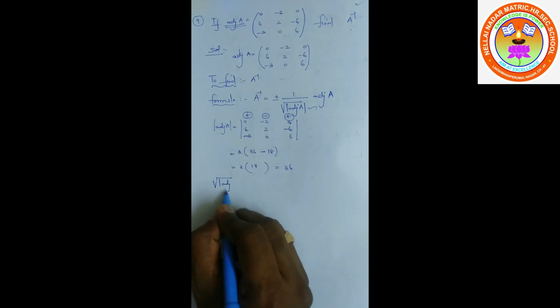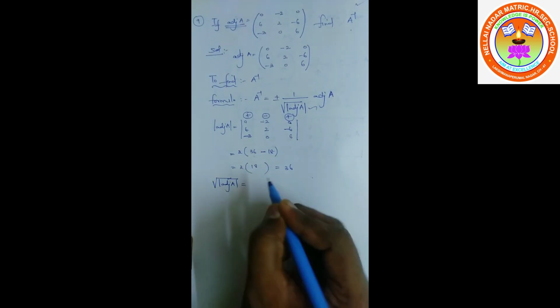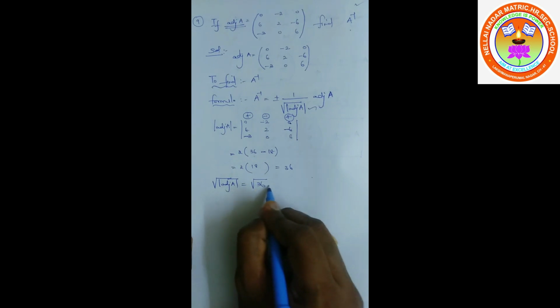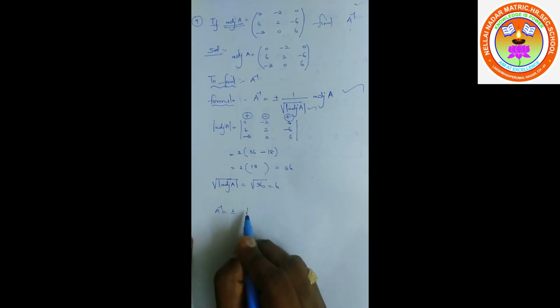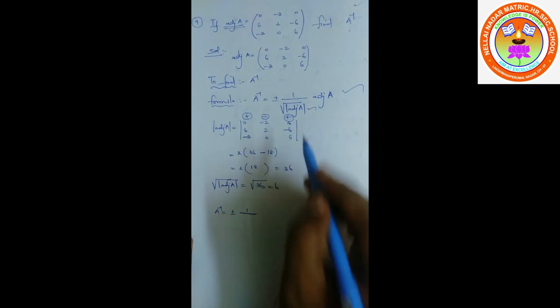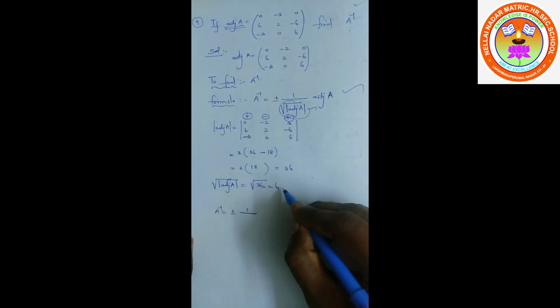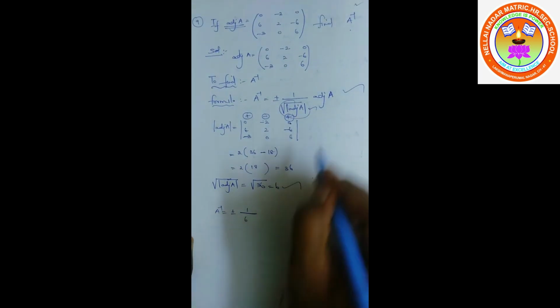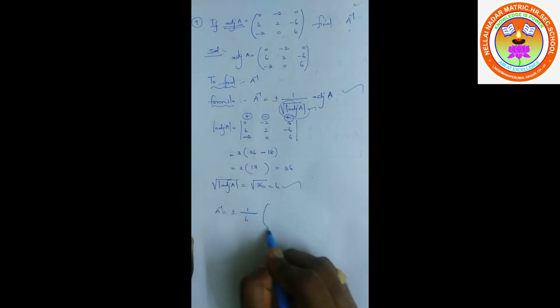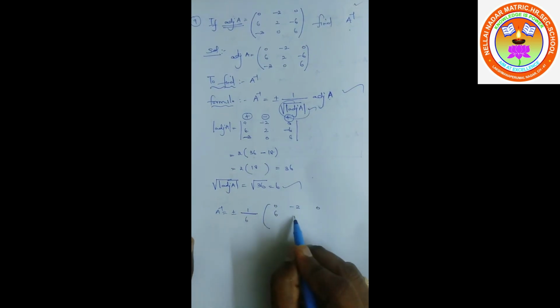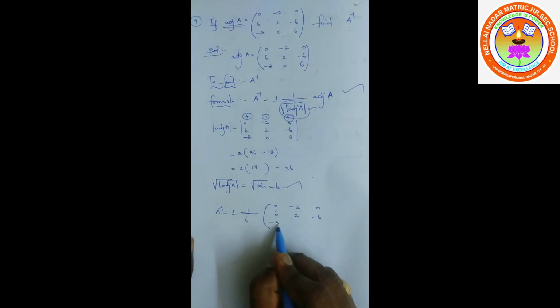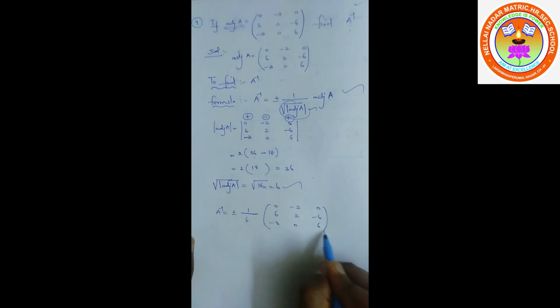I need to find the square root of the determinant of adjoint of A. Square root of 36 gives 6. Applying in this formula, A inverse is equal to plus or minus 1 divided by the square root of determinant of adjoint of A, which is 6, times adjoint of A, which is 0, minus 2, 0, 6, 2, minus 6, minus 3, 0, 6.